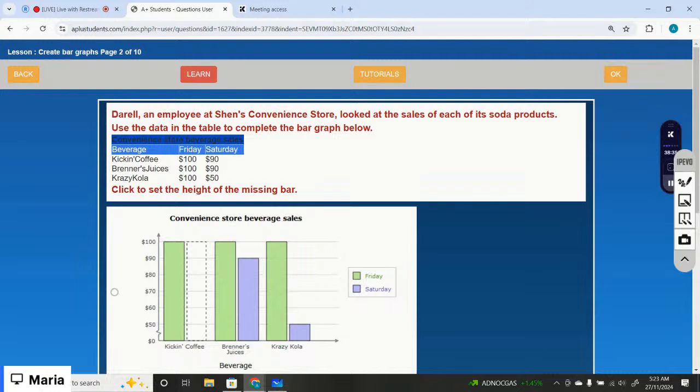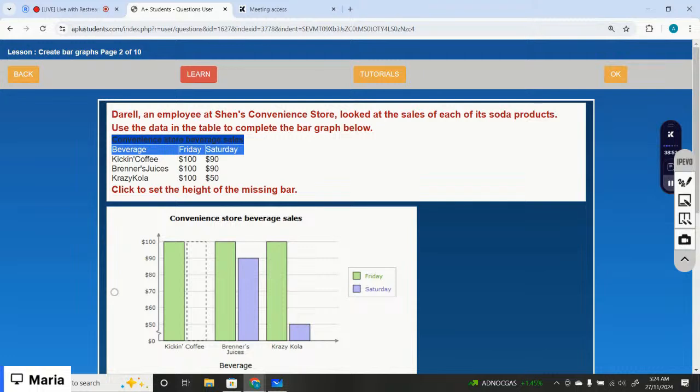Daryl, an employee at Shen's convenience store, looked at the sales of each of its soda products. Use the data in the table to complete the bar graph below.